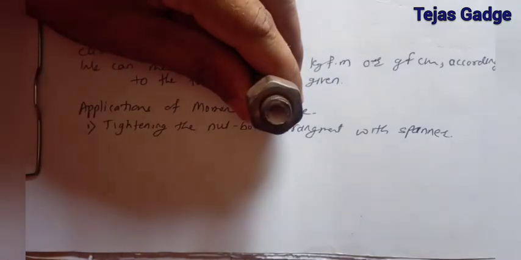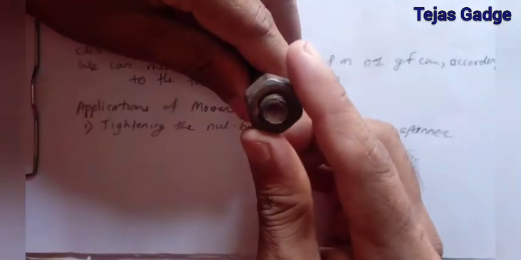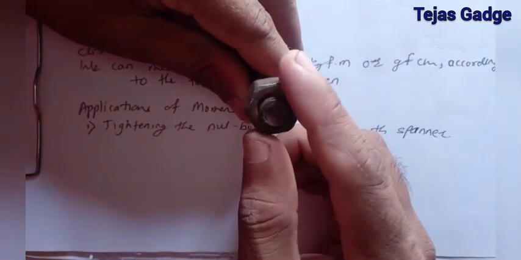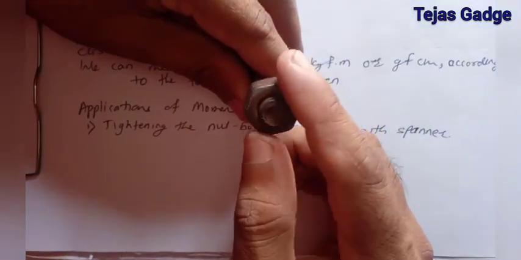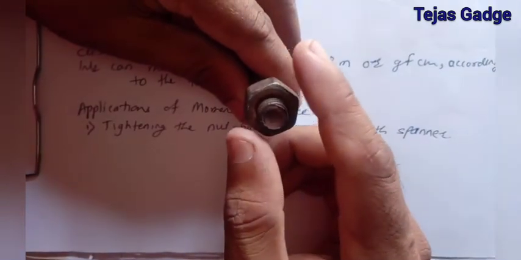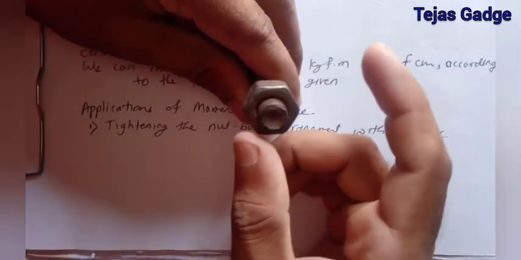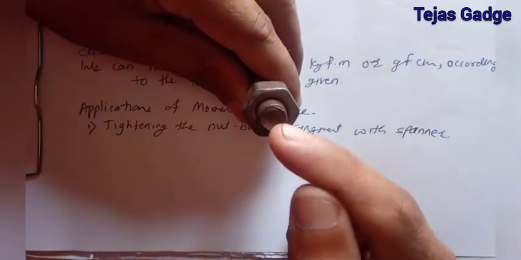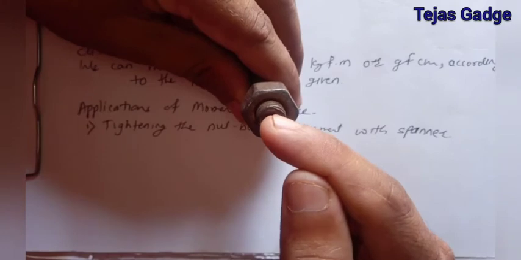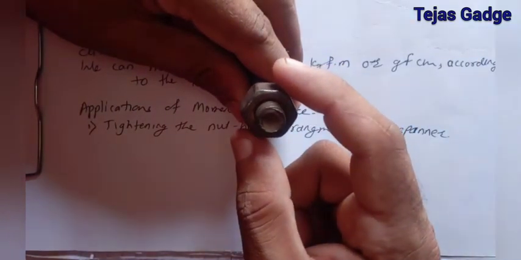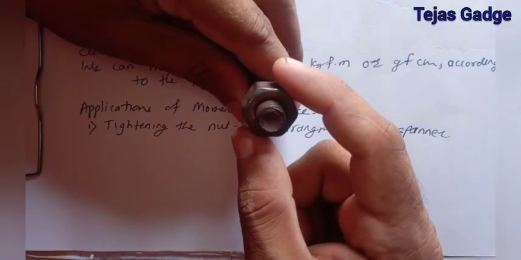If I tighten it with my hands, I need to apply a large force, because on the hexagonal nut I am applying force from the center at only a small distance, which is the radius of the hexagonal nut.